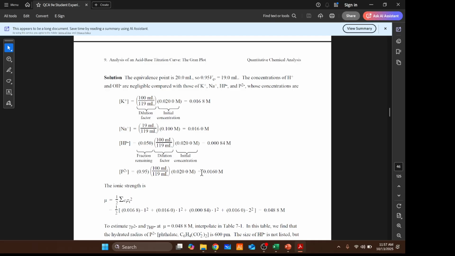What happened in the lab is that you guys didn't do these when we were trying to figure out what the VE should be. So this is what you should have done in the lab to figure out the VE, right? That equation had this part to it, the dilution factor portion.